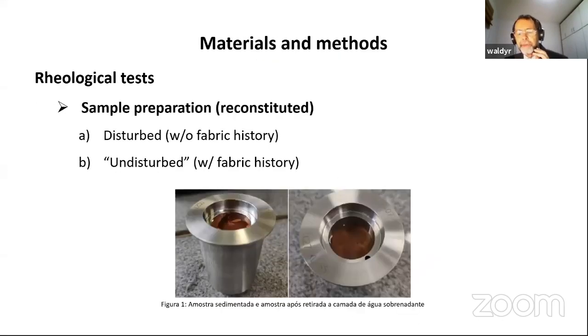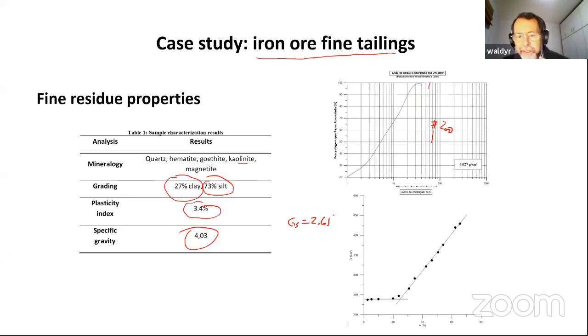Yes. Before that, I forgot to talk about the shrinkage curve. So we also performed the shrinkage curve. The free shrinkage test is very important to understand how this material changes its consistency as it loses water.